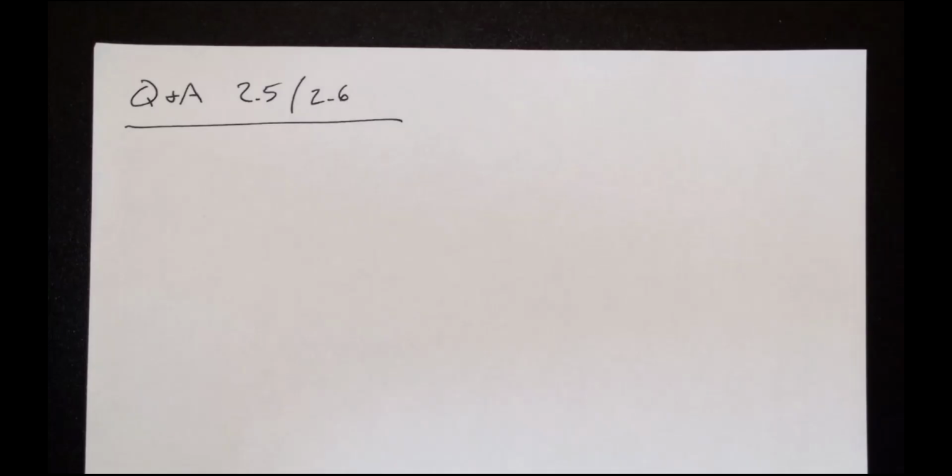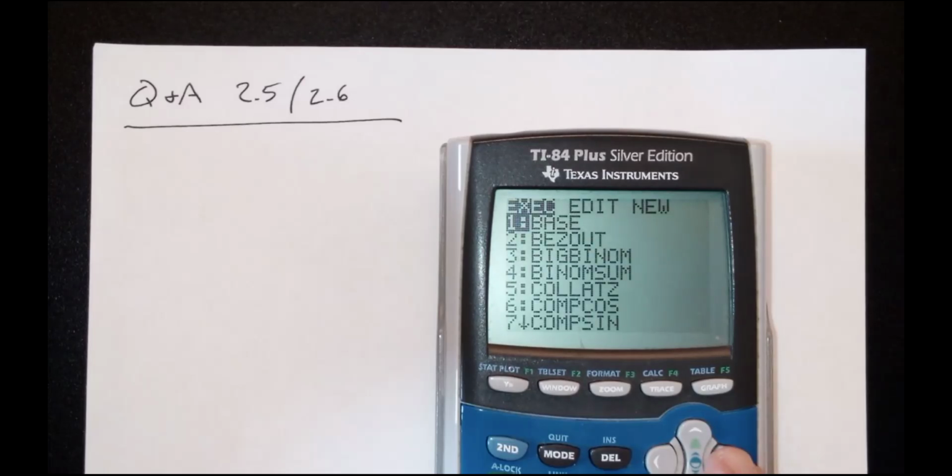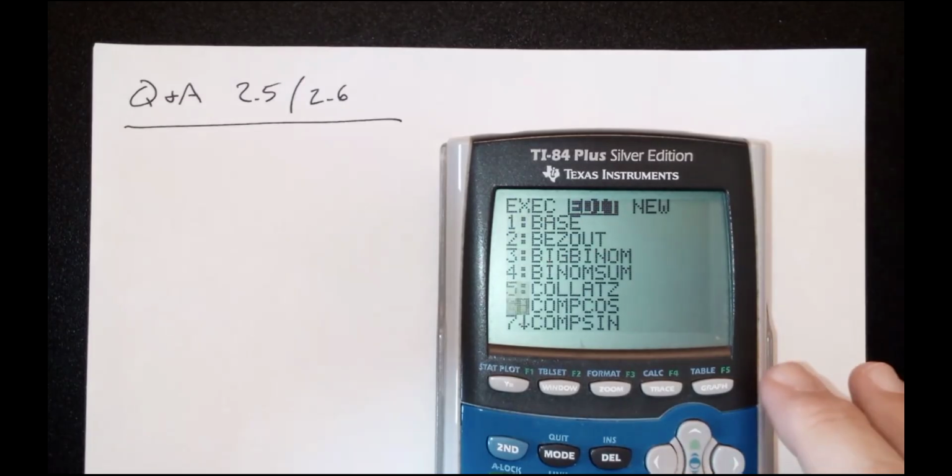What else you got for me, people? Yes, Chad. Could you show how to edit again? Sure, absolutely. If I'm in the program for Euler's method on the calculator, program, edit, I go down to Euler.